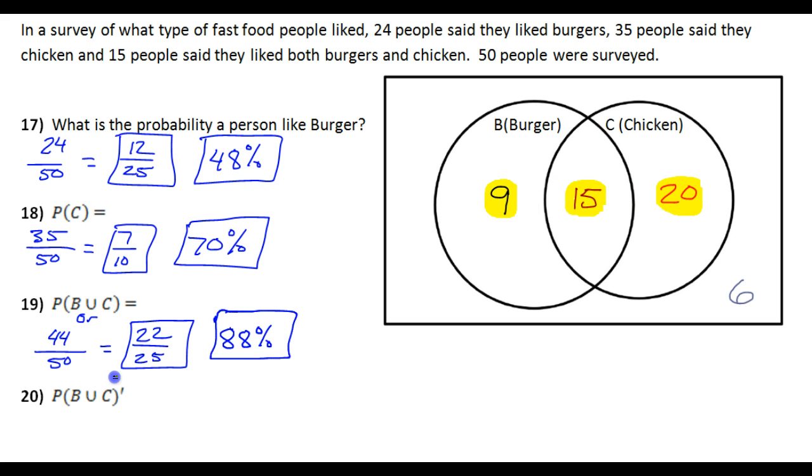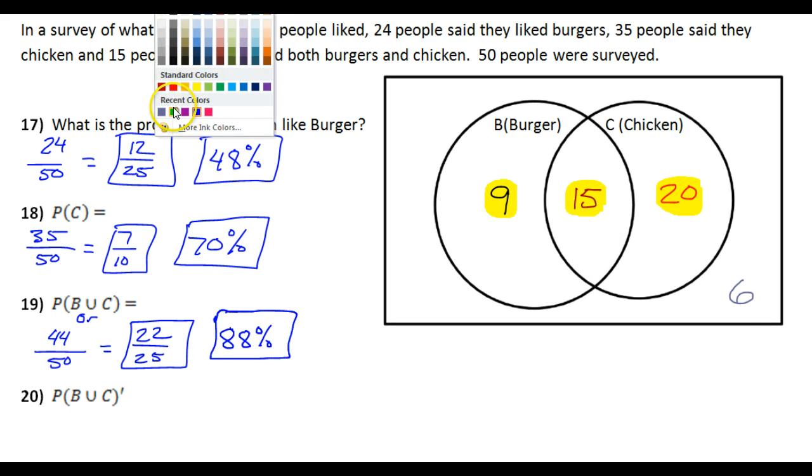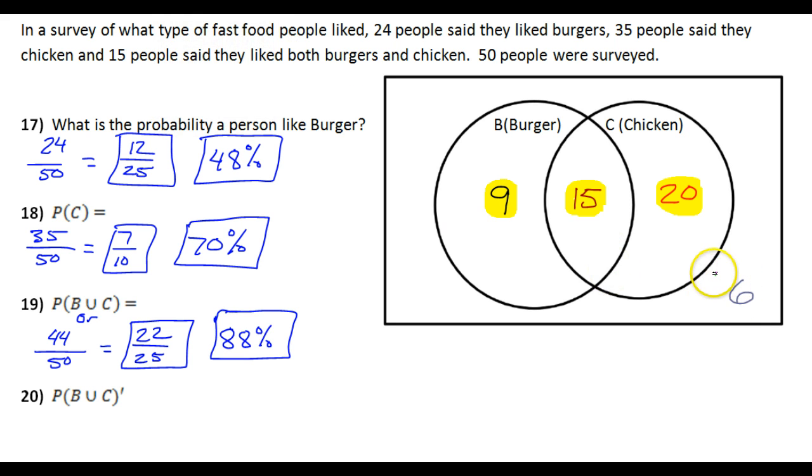The probability of not liking a burger or chicken is going to be everything except these three numbers. So that just leaves one extra number. It's the 6. This is the number that is not burger or chicken. So when I do the probability here, once again I'm doing target over total, so the total is still 50.